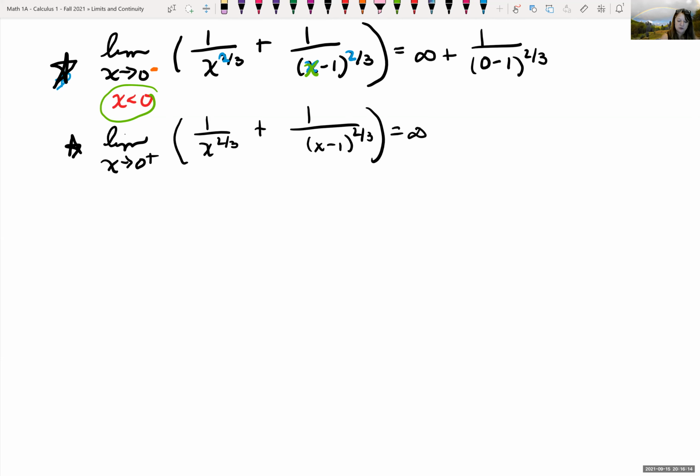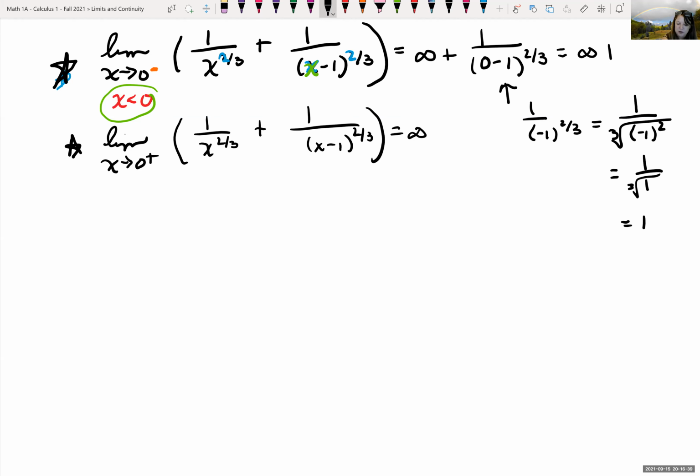It's not going to change where I'm going off to, but this is right here, 1 over negative 1 to the 2/3, which is 1 over negative 1 squared, and taking the cube root. And the cube root of 1, because squaring negative 1 is 1, is 1. So this is just 1. So I have infinity plus 1 on here, which is infinity.